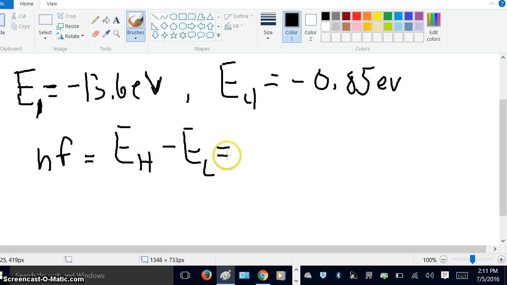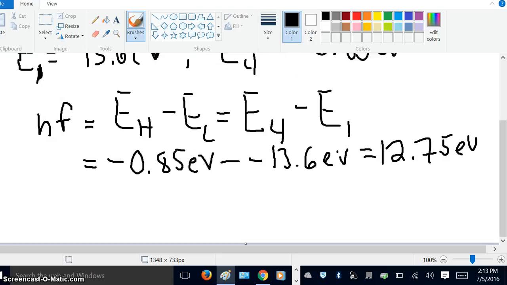So in our case, this is going to be E4, that's the higher state, minus E1. Okay, so let's put the numbers in and we'll get an answer.